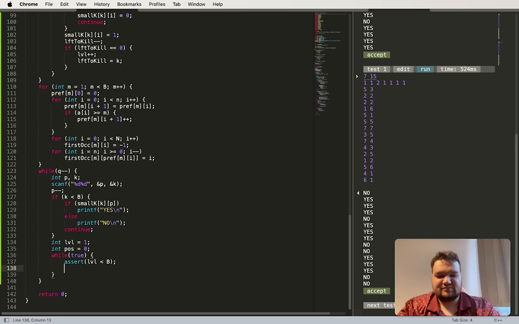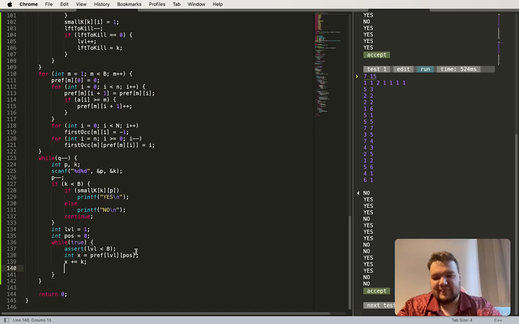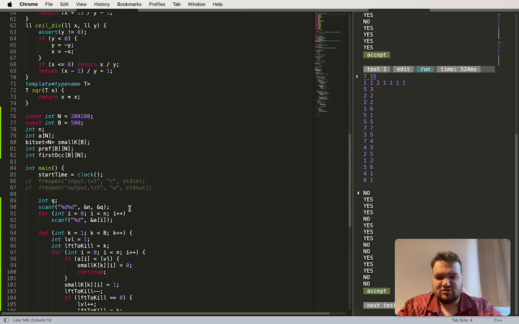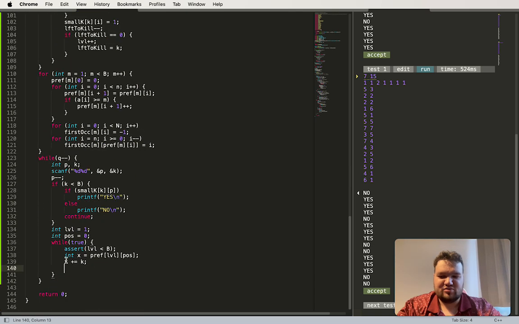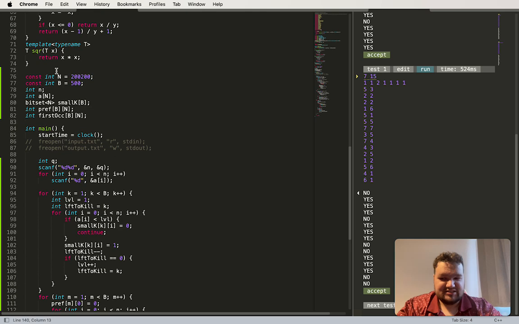Okay, so our current prefix sum is, well, the prefix sum that we stored for this level and this position. So we need to kill k more monsters, so the prefix sum we need is k bigger. Here we need to be careful because if k is very big, we could get numbers greater than our limit on the size of this array.